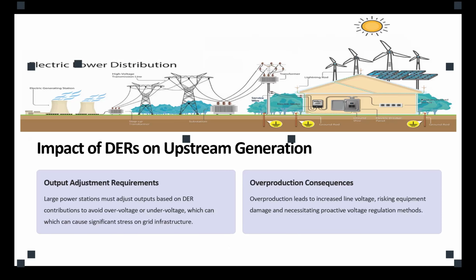Now, why are we talking about these problems? These problems in DER are, in general, going to impact the upstream generation. By upstream generation, I mean the bulk power grid, the main grid that we have in our system.